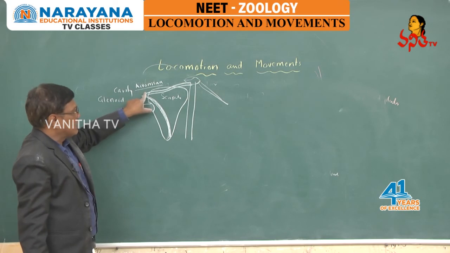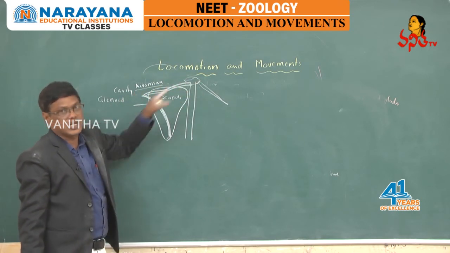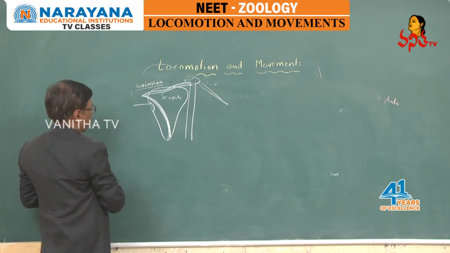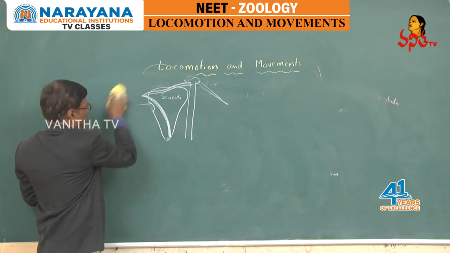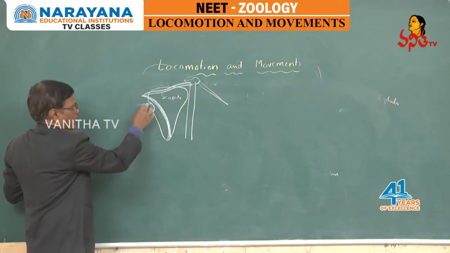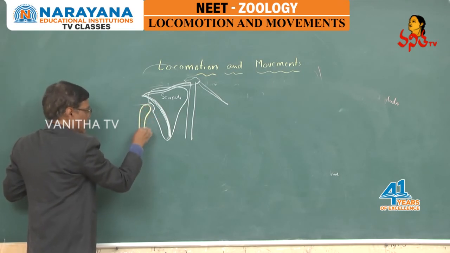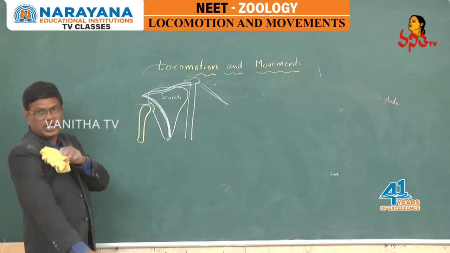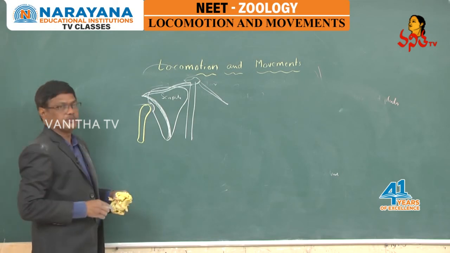Here the clavicle connects the appendicular and axial skeleton. Next, the head of the humerus fits into the glenoid cavity and forms a ball and socket joint. Again, this we will discuss.